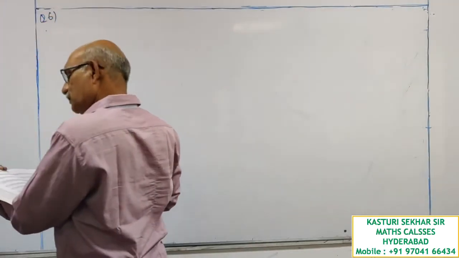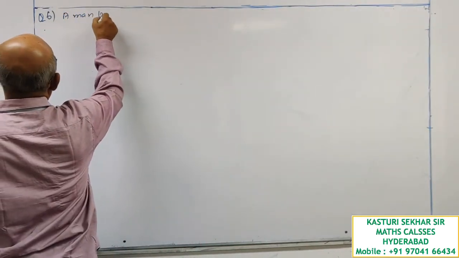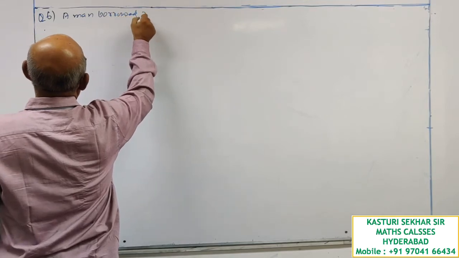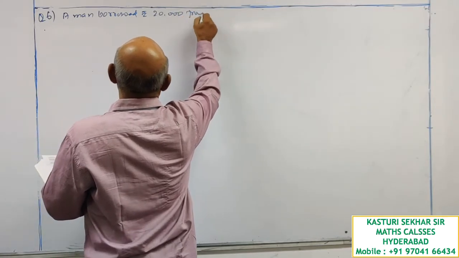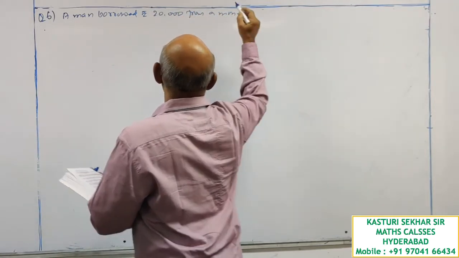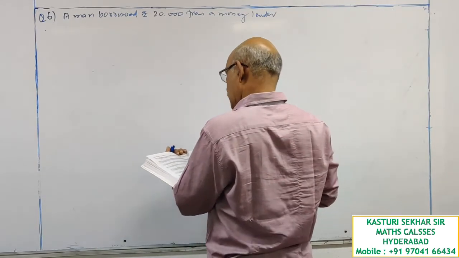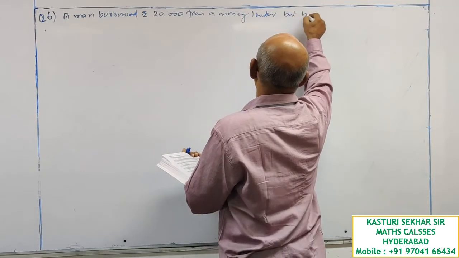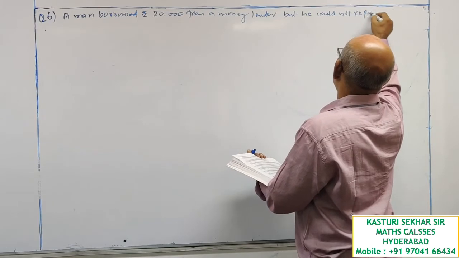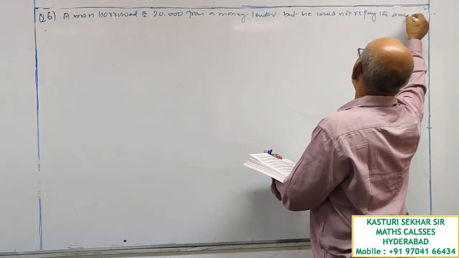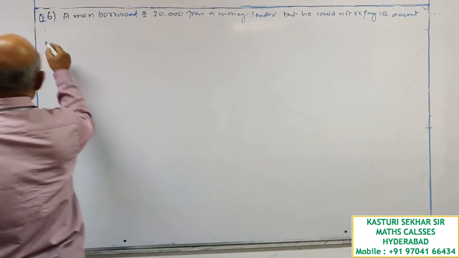Question number 6. A man borrowed rupees 20,000 from a money lender, but he could not repay the amount for a period of 4 years.